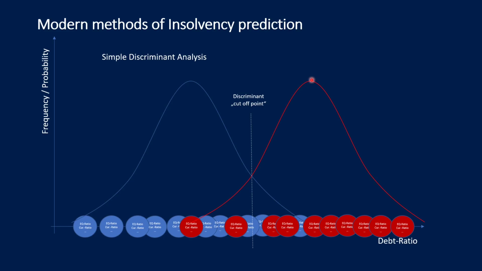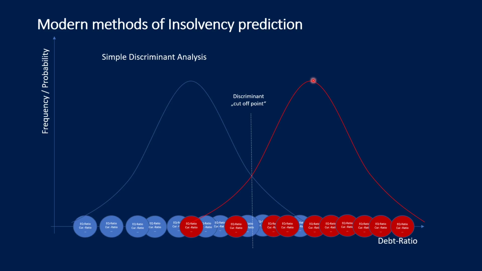Of course, this distance in means is a very good measure of discrimination. So if this ratio is very good in discriminating the good and the bad companies, the distance should be rather high. If the discrimination is worse, the distance in means should be rather low.